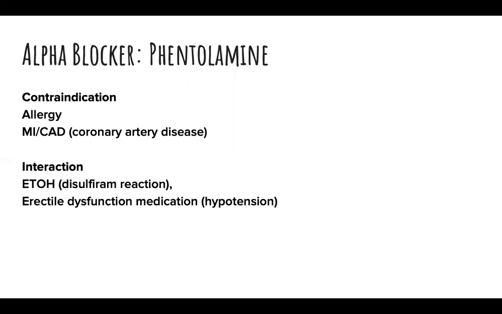Now, some medications we'll talk about have a disulfiram-like reaction. So it's kind of like the patient is taking disulfiram or antabuse. So when somebody is taking phentolamine and they drink alcohol, they have the same effect. They get profuse nausea, vomiting, and the flushing.